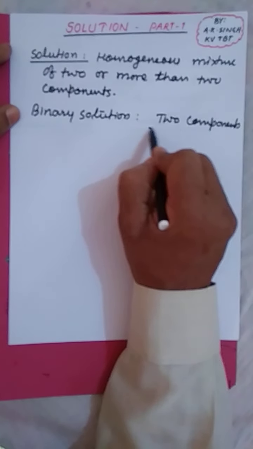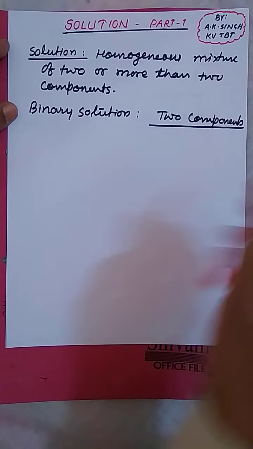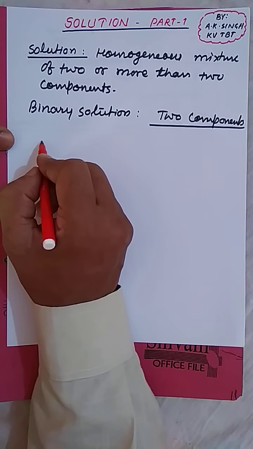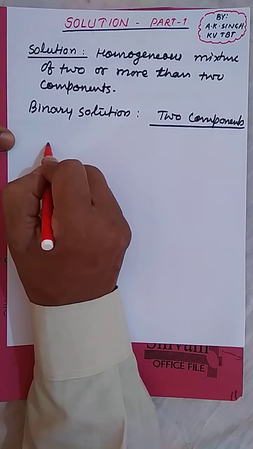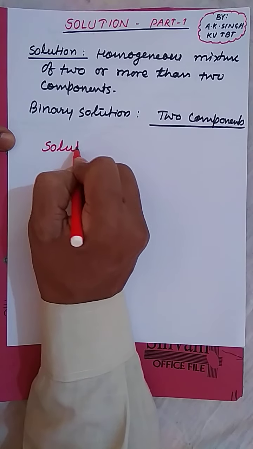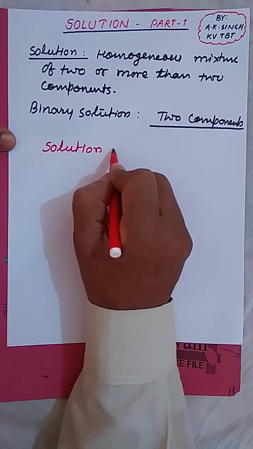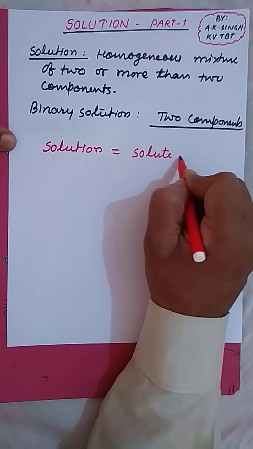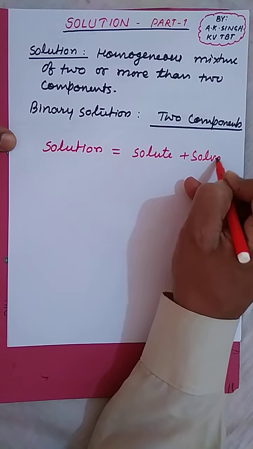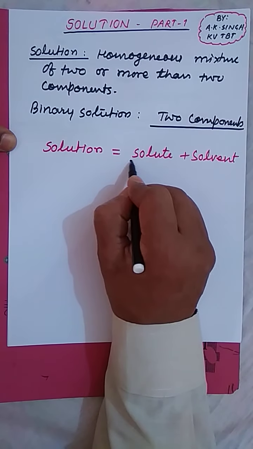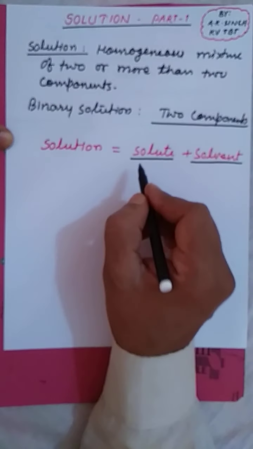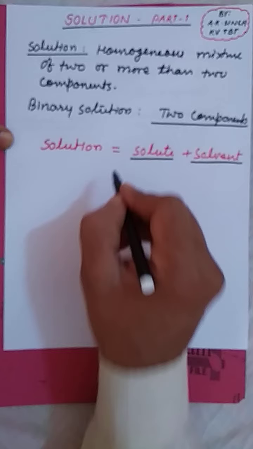Only two components. So children, you have already seen in previous class, the solution is made up of solute plus solvent, right? So which one is solute and which one is solvent? That is determined on the basis of quantity.